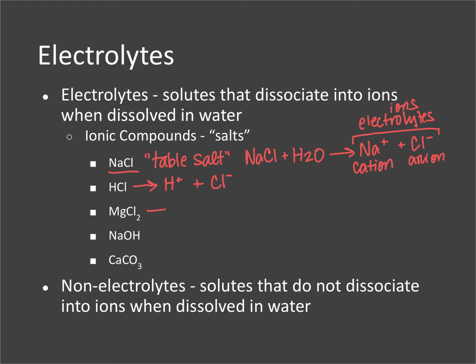Magnesium chloride dissociates into magnesium ions and chloride ions. Sodium hydroxide dissociates into sodium ions and hydroxide ions. And calcium carbonate dissociates into calcium ions and hydrogen carbonate ions.